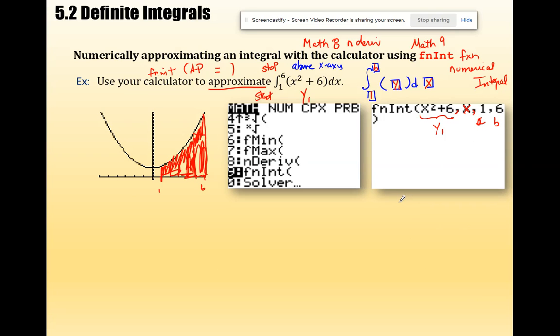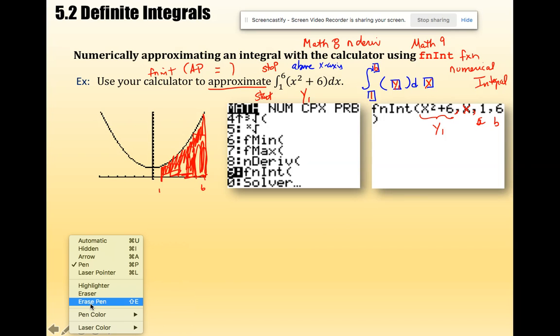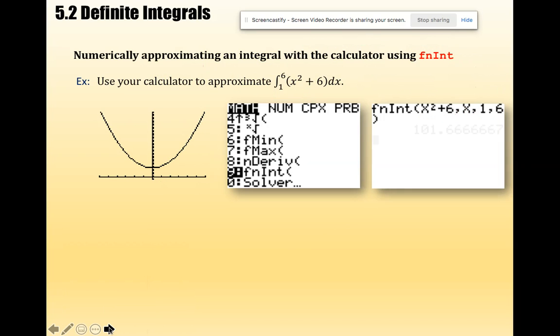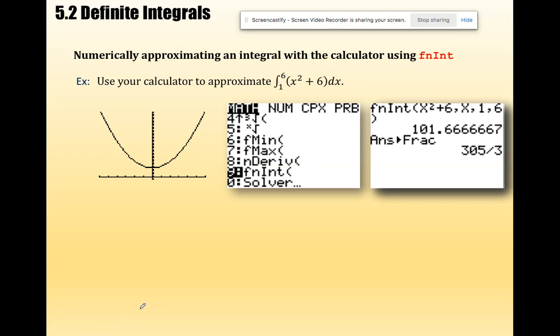And then hit enter. Oftentimes, you're going to want to math fraction that, especially if it's multiple choice. If it's not multiple choice, you want to write down at least 3 places past the decimal.